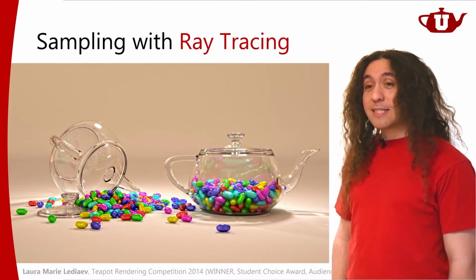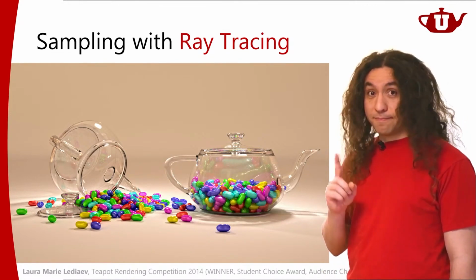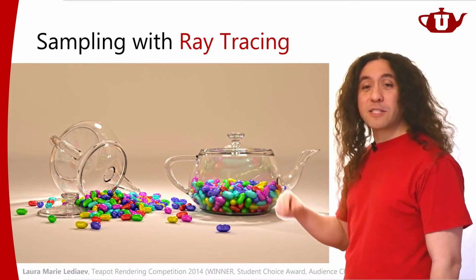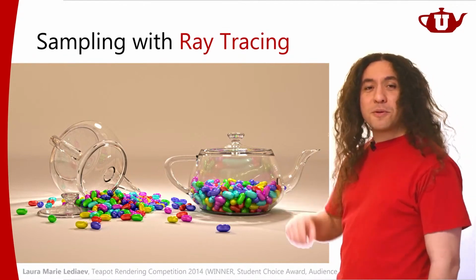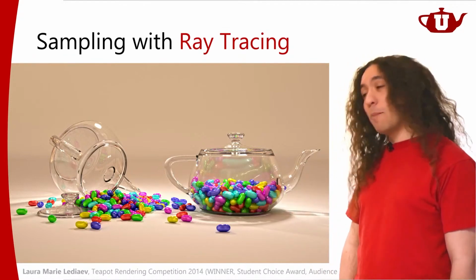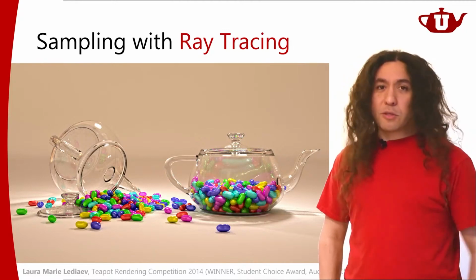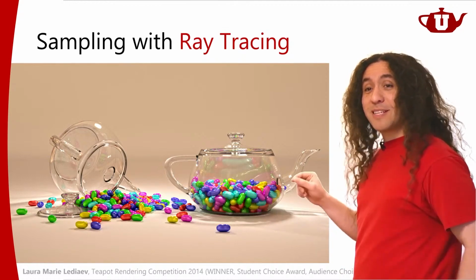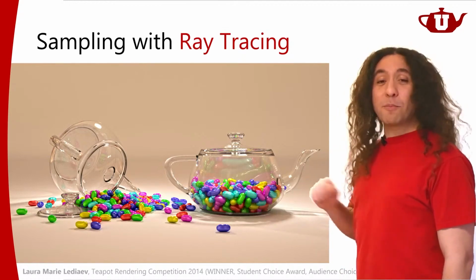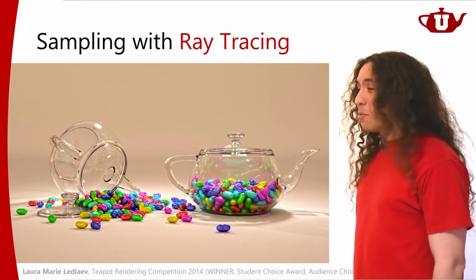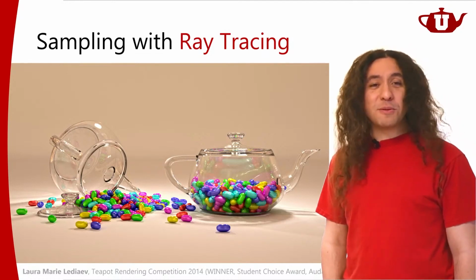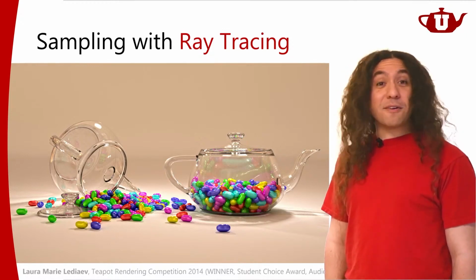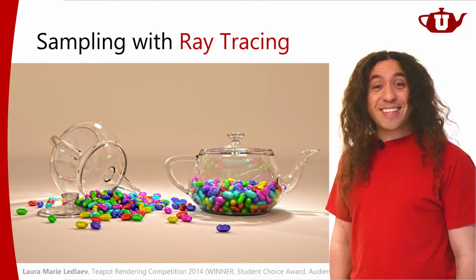That is 10,000 samples per pixel. This is not 10,000 rays per pixel, mind you, because each ray will go through refractions and reflections. So each sample per pixel will correspond to on the order of maybe 10, maybe 100 rays. So even if this is 10,000 samples per pixel, it's probably more like 100,000 to a million rays per pixel. That's a lot of rays.